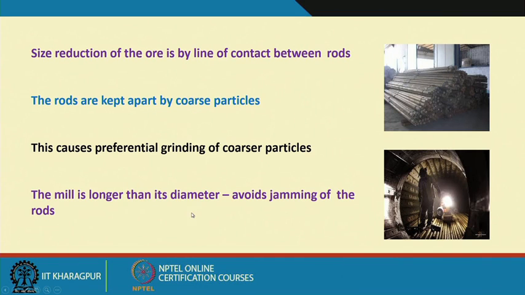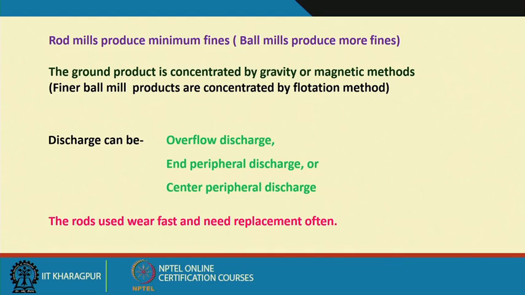The mill being longer than its diameter avoids jamming of the rods. Rod mills produce minimum fines, because they break the relatively coarser particles at a faster rate than the finer particles.